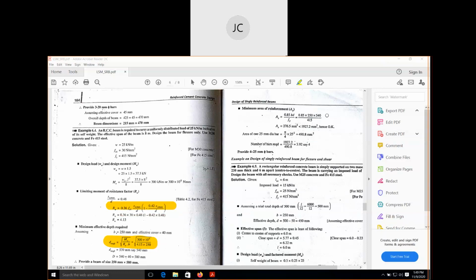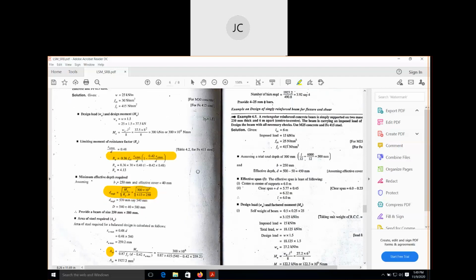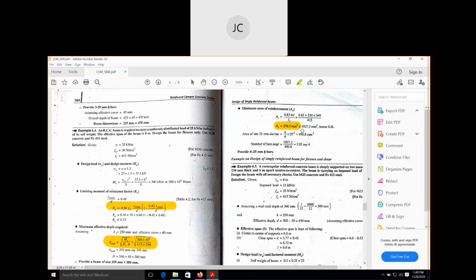This is the equation for checking that. From this equation we have got the minimum area of steel as 276, but from our calculation the required area of steel is this much. That means it is more than the minimum value, which is okay.